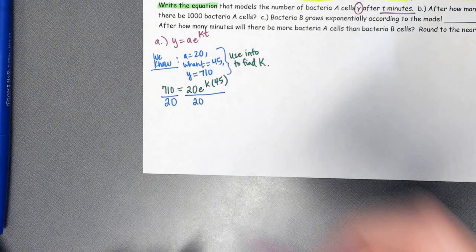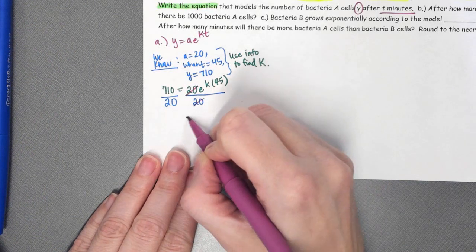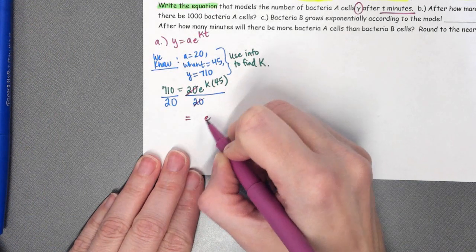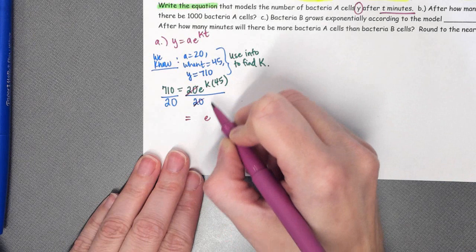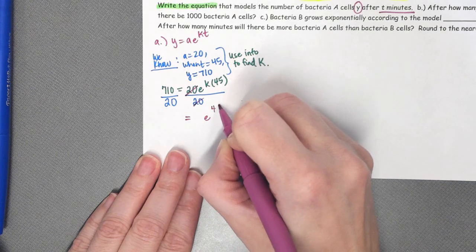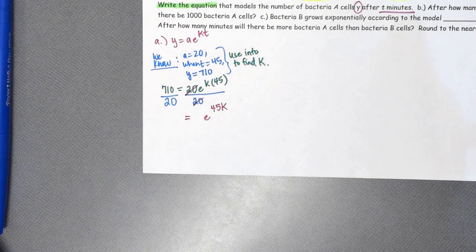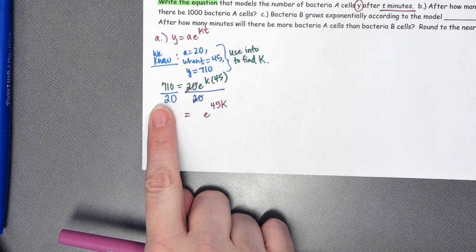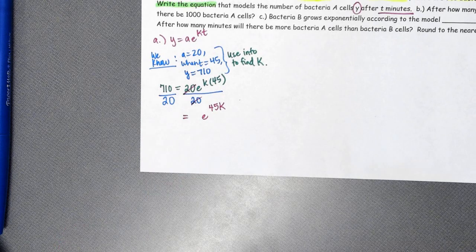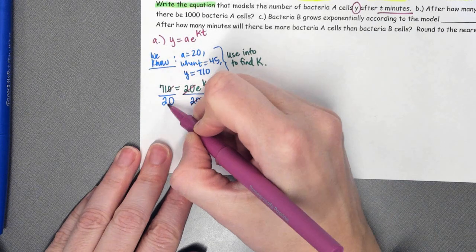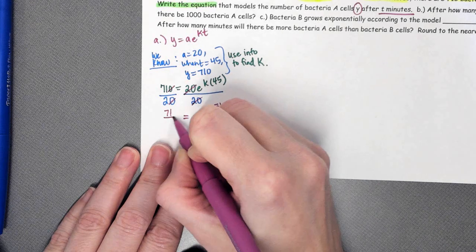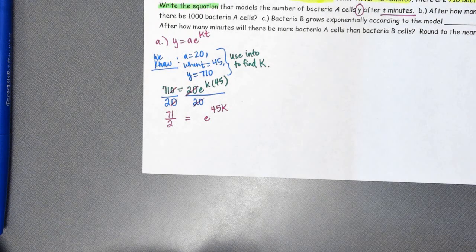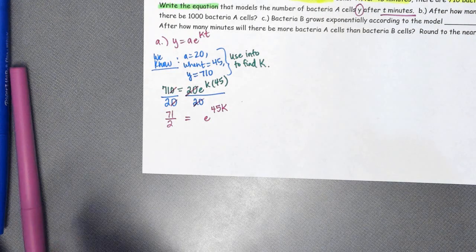So dividing by 20 is going to isolate the e on this side. Remember, leave a little bit of space there. K times 45 is just 45K, so you can rewrite it like that. And then you can choose if you want to simplify or not on this side. If I see the zeros on the end, I'm automatically going to simplify this. And you really could cut that in half and use the decimal.